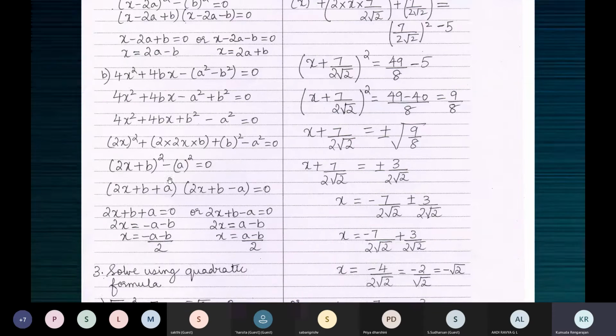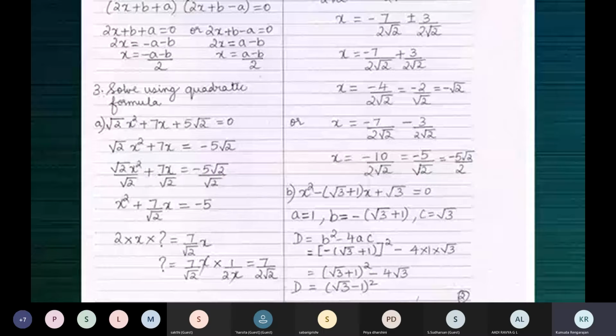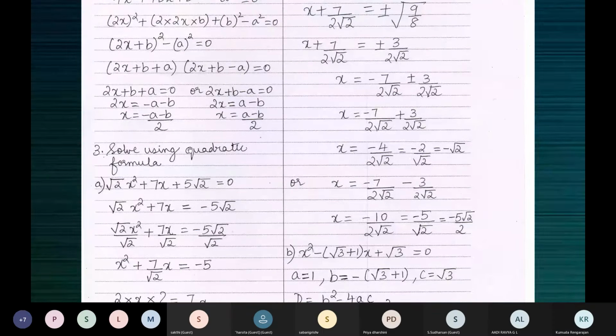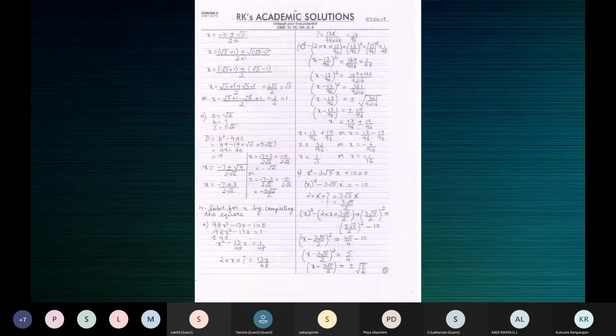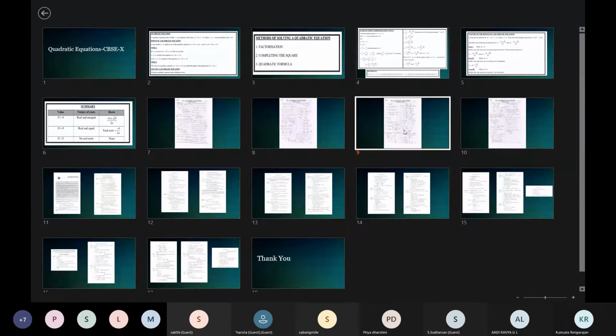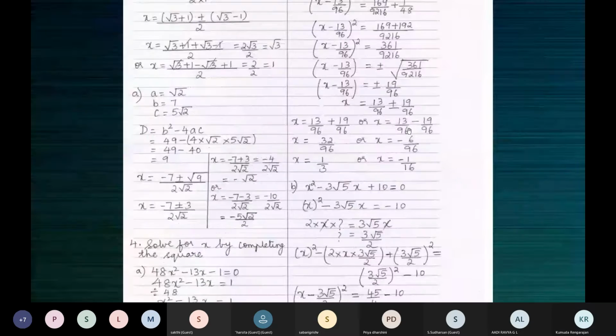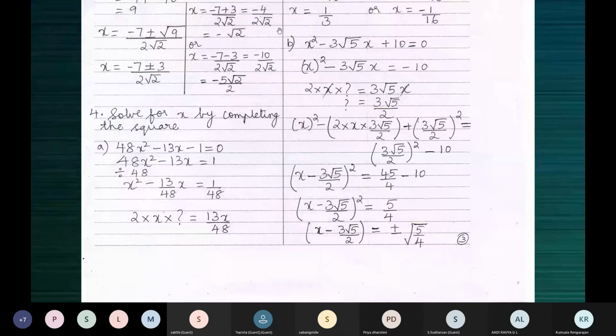So this is what we saw yesterday. And then, yeah, this one. Solve for x by completing the square.